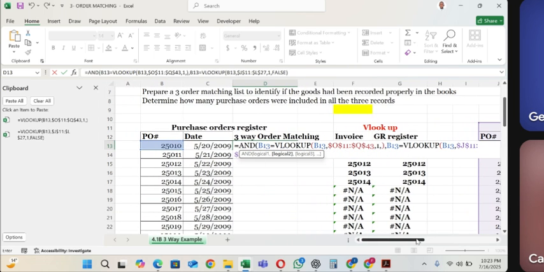Select and. Tuko pamoja. Now choose this PO. Unaona hii PO. Click it.